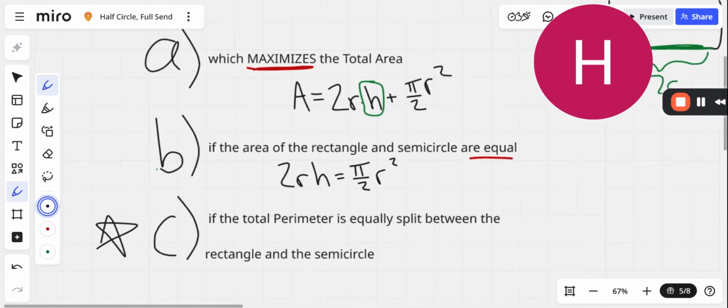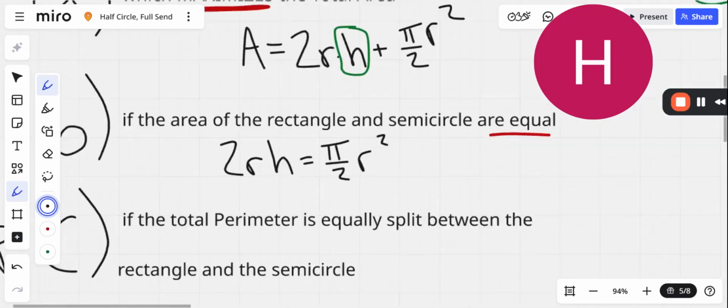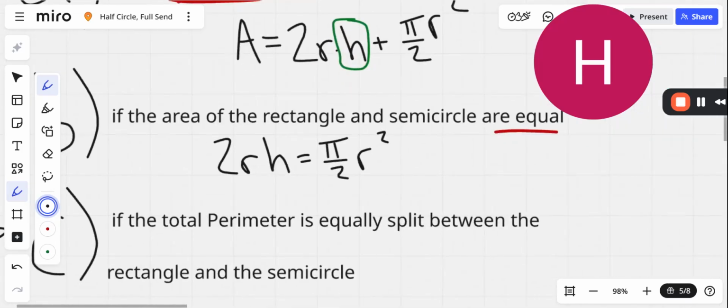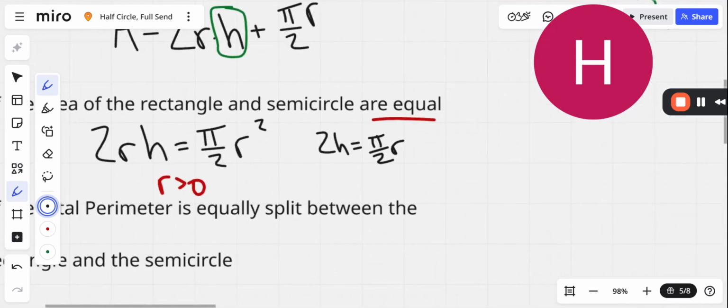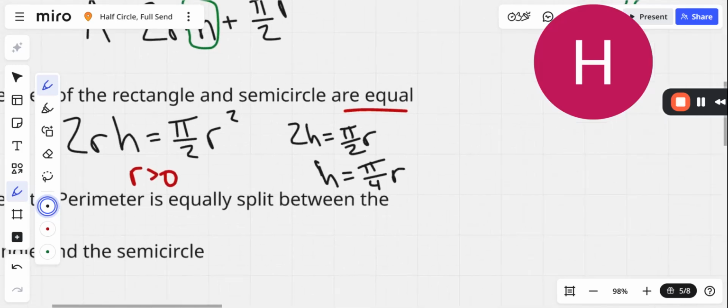The way that it's different is that we know r is non-zero. Right? The radius of that circle has to be non-zero. So therefore, we can just simplify this equation to say that 2h equals pi over 2 times r. And therefore, h, in this case, is related to r as pi over 4 times r.